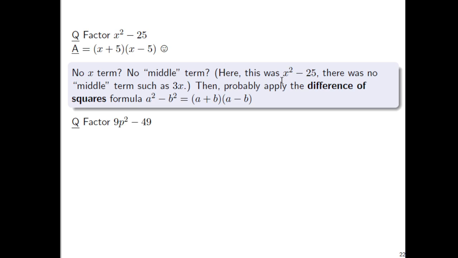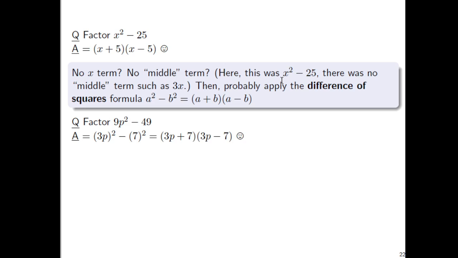Let's factor 9p squared minus 49. Again, you have both the thing in front of the minus and after the minus, and they both happen to be perfect squares, though this one, it might be easier to spot what the perfect squares are by first writing 9p squared as 3p quantity squared. And then the whole point is that this will turn into 3p plus 7 times 3p minus 7.